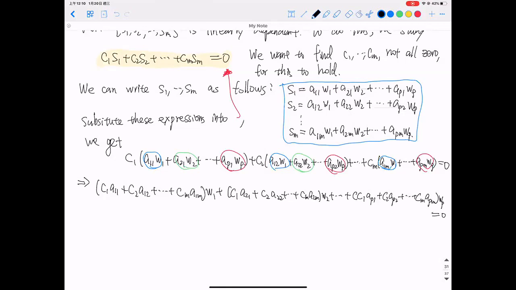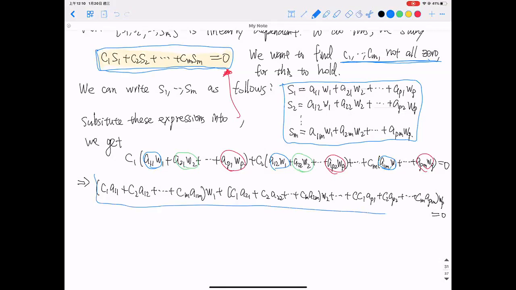Remember what we are trying to do is to find the C's, not all 0, for this equation to hold. Now what we've done is rewritten this equation in a more complicated form.